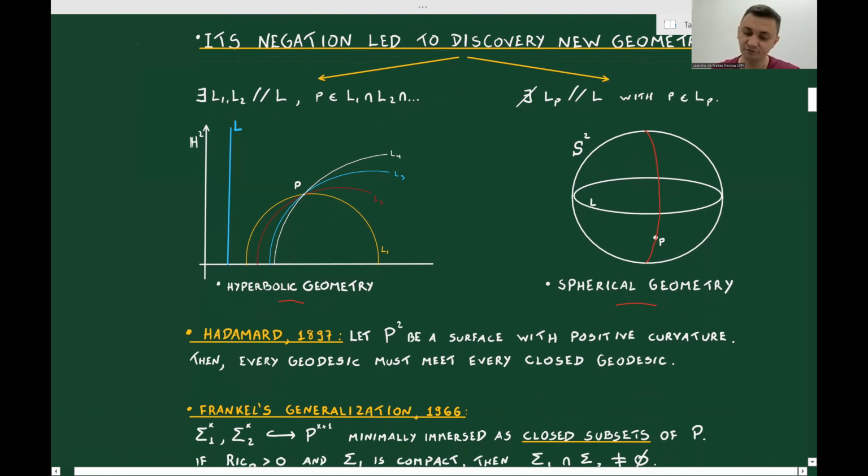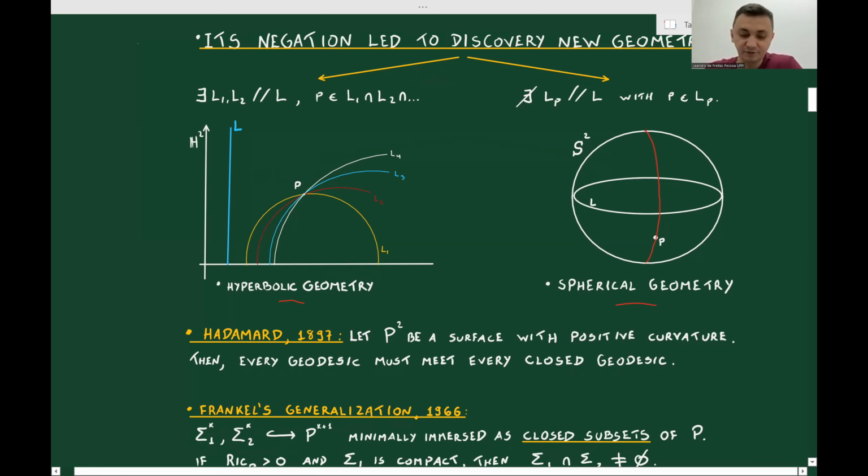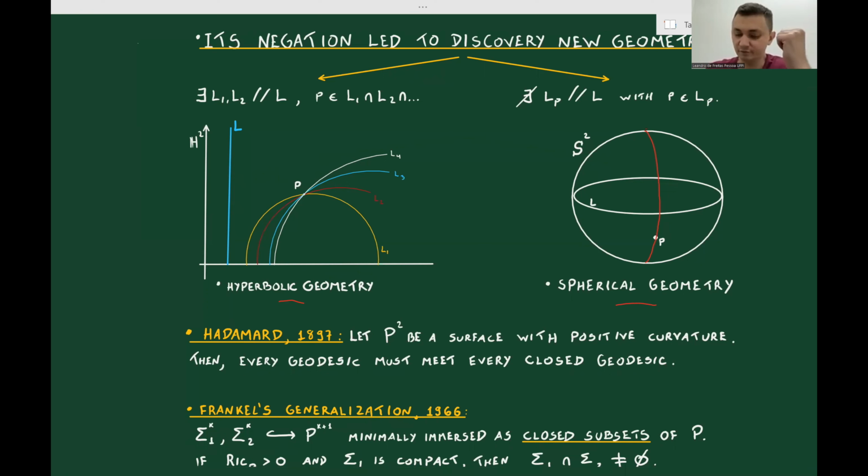Observing this perspective from the spherical geometry, classically we know all the geodesics in the sphere, so you can see that all geodesics are closed, and so they also intersect each other. Observing that, Hadamard proposed a very nice result about this intersection problem.